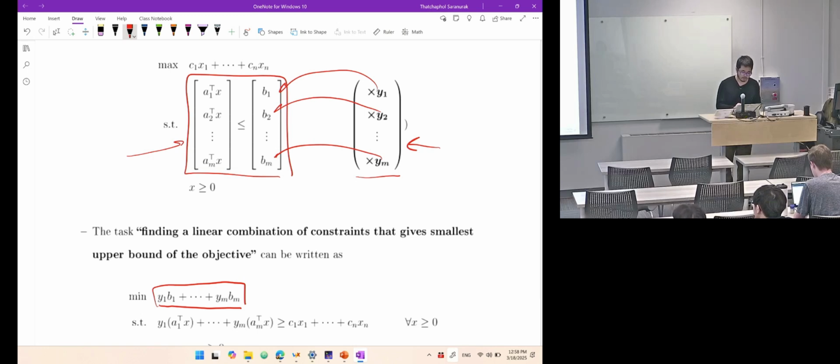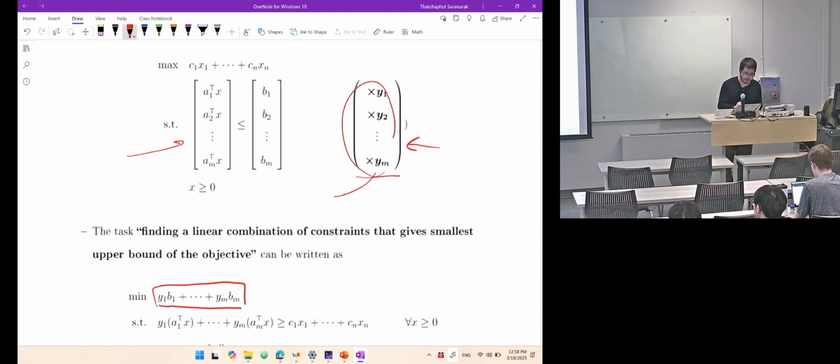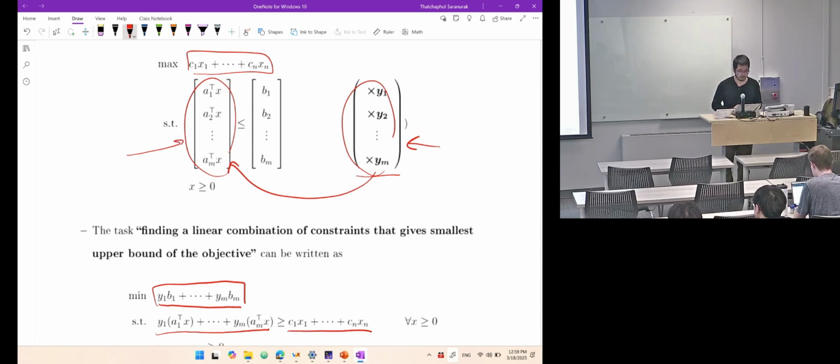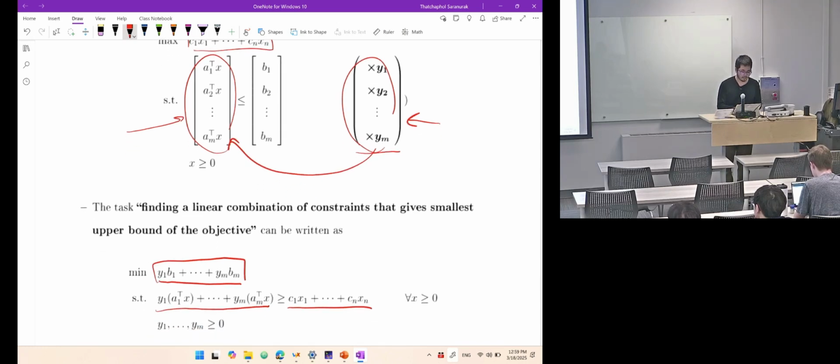And what's our constraint? We want that when we multiply the y to the left-hand side, it dominates the objective. We want this. And y are non-negative.